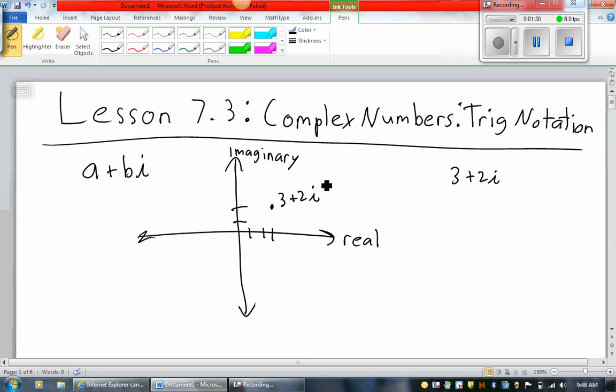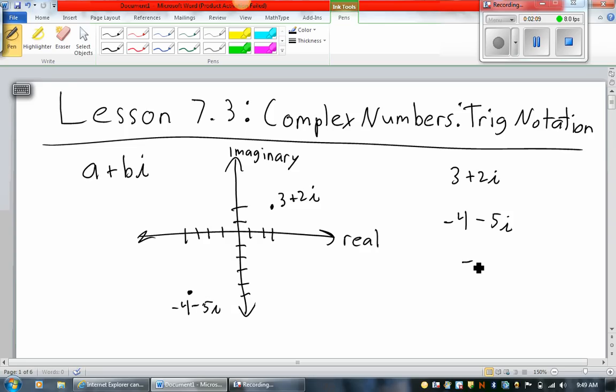If we had another one, such as negative 4 minus 5i, negatives work just the same. We're going to go to the left 4 on the real axis and down 5 on the imaginary axis, and this is negative 4 minus 5i.